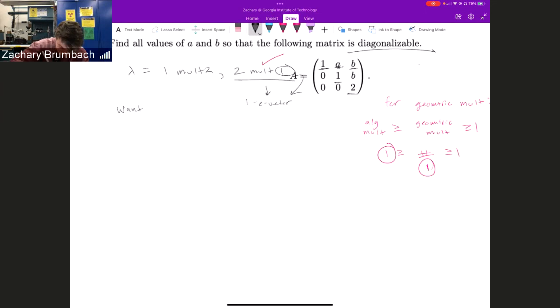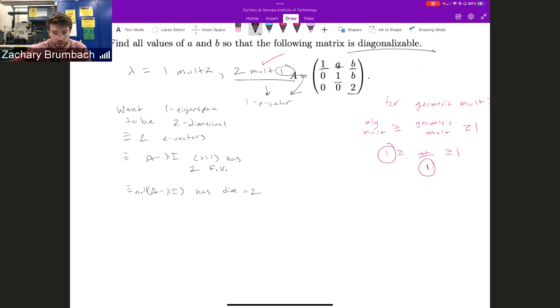So we want our 1 eigenspace to be 2-dimensional, which is the same thing as saying 2 eigenvectors, which is the same thing as saying A minus lambda I, where lambda equals 1, has 2 free variables, which is the same thing as saying the null space of that has dimension equal to 2, okay?